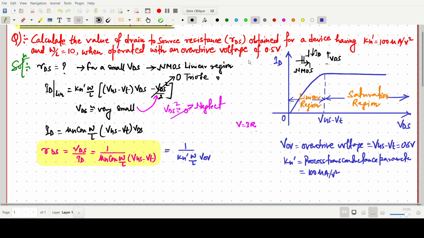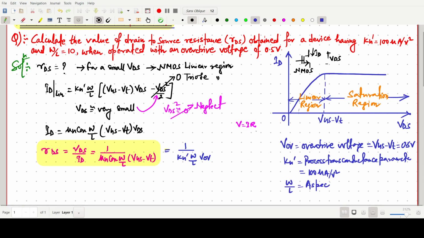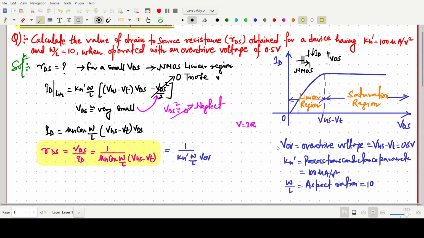Now another term, W by L, is also given, that is our aspect ratio. This aspect ratio is 10. So all data are given: VOV is 0.5 volt, K'n is 100 microampere per volt square, and W by L is 10. So everything we have to put in this expression.